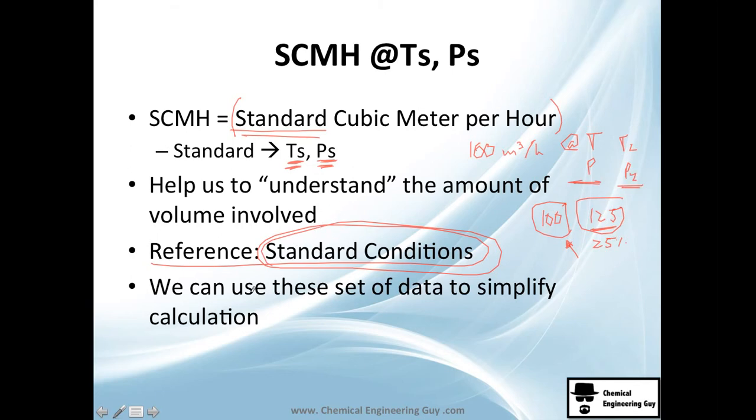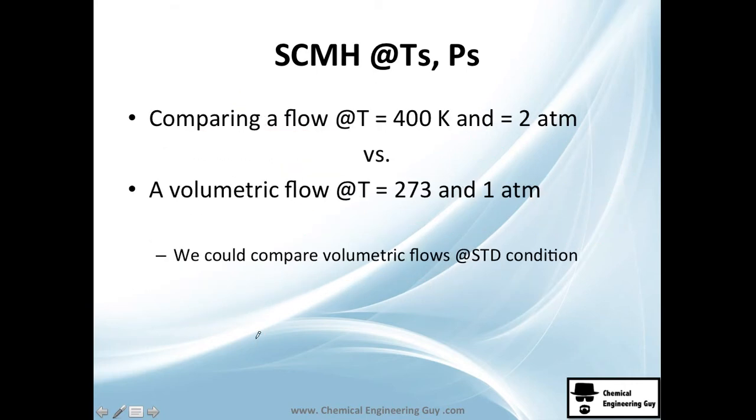We can also use this data to simplify calculations, and we will see that later. If I tell you there's a flow at some temperature and pressure, I have no idea how to compare it, but if we use standard cubic meters per hour, we use a standard temperature and pressure so we can compare our flows.